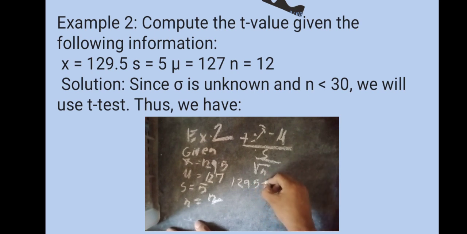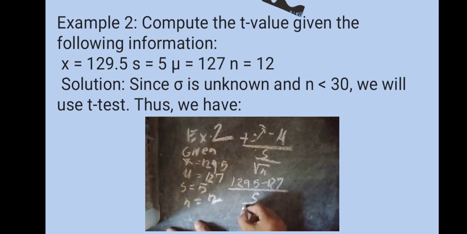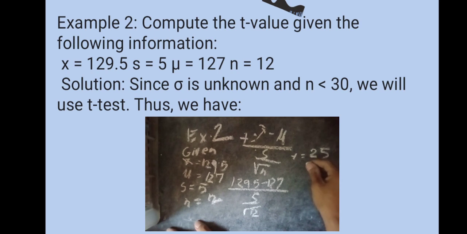Substitute 129.5 minus 127 is 2.5, over 5 over square root of 12, which is 1.44. Now, computing the t-test, our t-value is 1.736.